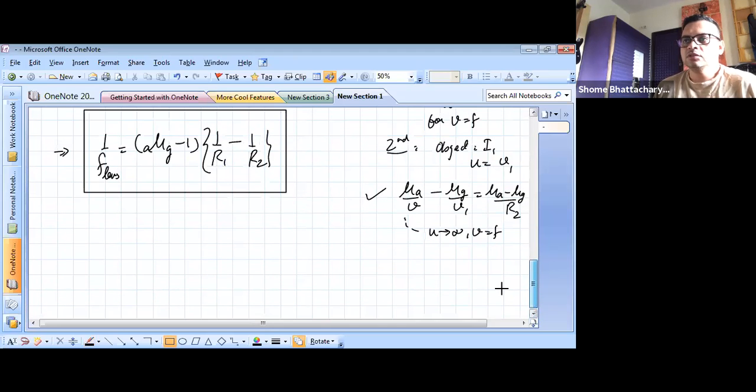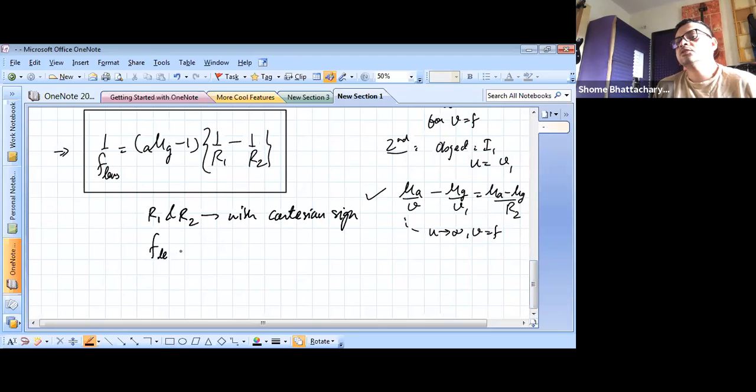Remember R1 and R2 are substituted with their Cartesian or algebraic sign, and the focal length of the lens also comes with sign. So let's look at some examples of the application of this today.